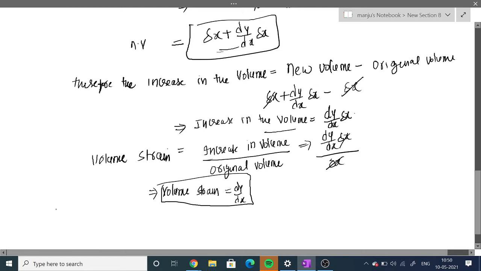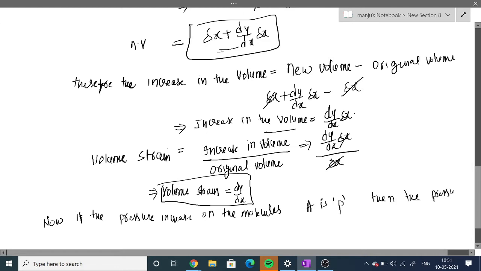So now if the pressure on the molecules at A is P, let me just consider that, then the pressure at B is given as P plus dP by dx into delta x.